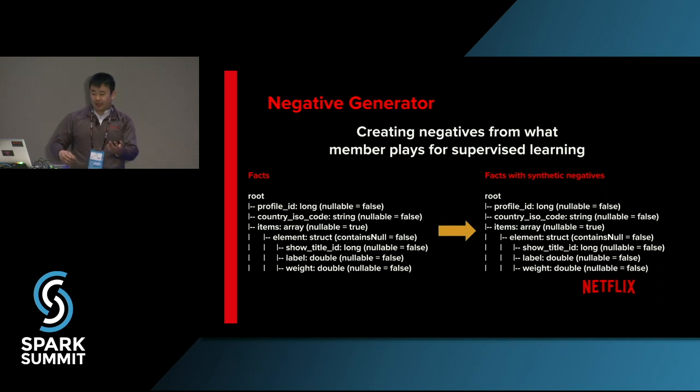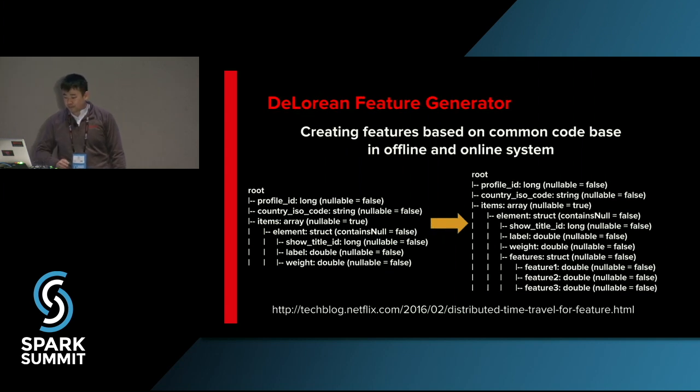Basically, the input on the left-hand side only has positives, which means you only have labels which are positive. But the output on the right-hand side contains negatives. So basically, we have a transformer creating the negatives. That's one of the use cases we have for the transformer.